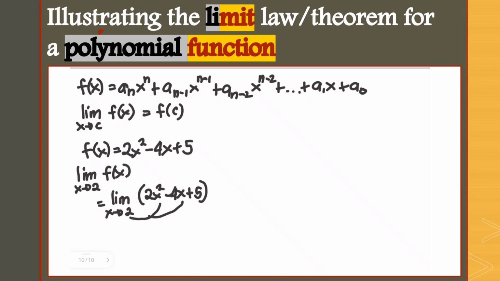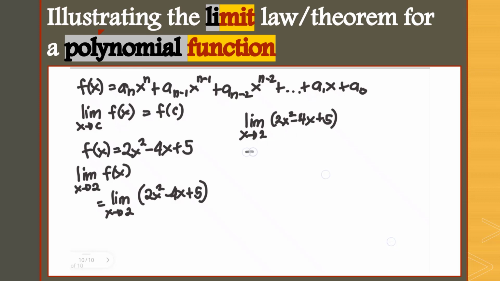Direct substitution holds here. Of course, let's try to illustrate that using other limit theorems. Let's have here again the limit of the same function 2x squared minus 4x plus 5 as x approaches 2. Let's apply the limit theorems from before on addition and subtraction, or the sum and difference, as well as the product and the power, in illustrating the result using those previous theorems.